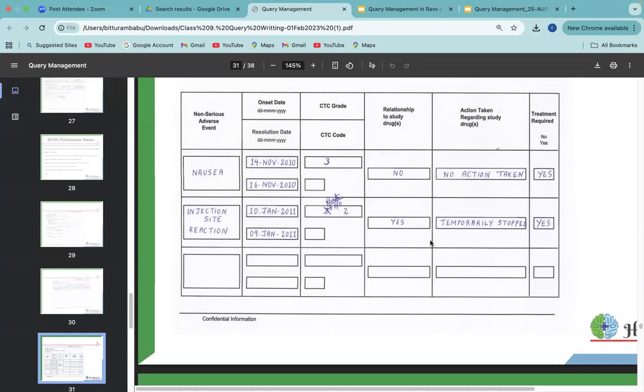So I want you all to talk, not as a message. Come on, you can. Sir, I think the onset date for injection site reaction, they have written 10 Jan when it started, and again they have written 9 Jan when it got stopped. So it can't be the prior date, right? Very good. It can be like 11th or 12th. Okay, anything else?